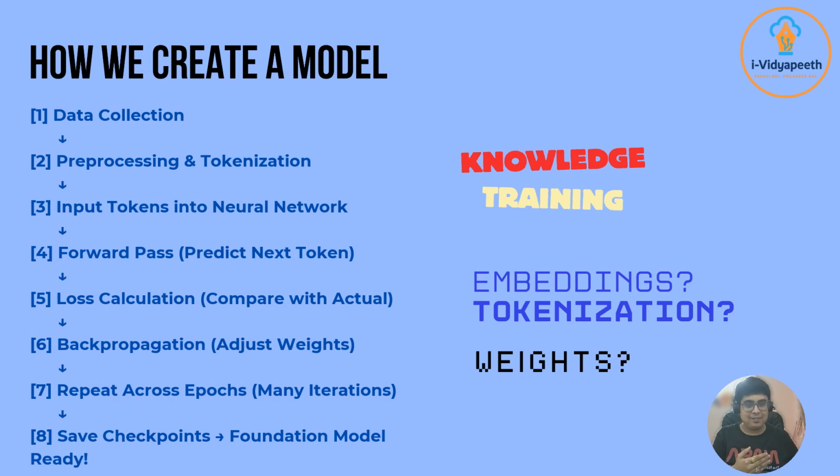For example, if someone says clouds are violet, this is not the correct word, right? Clouds are white. So if the large language model is getting trained and it says clouds are violet, then definitely the model has given the wrong answer.